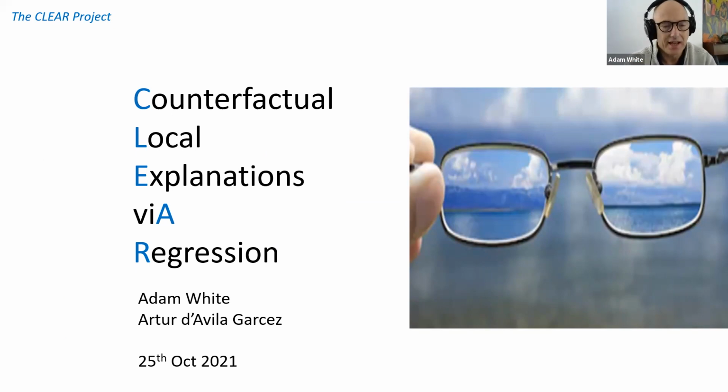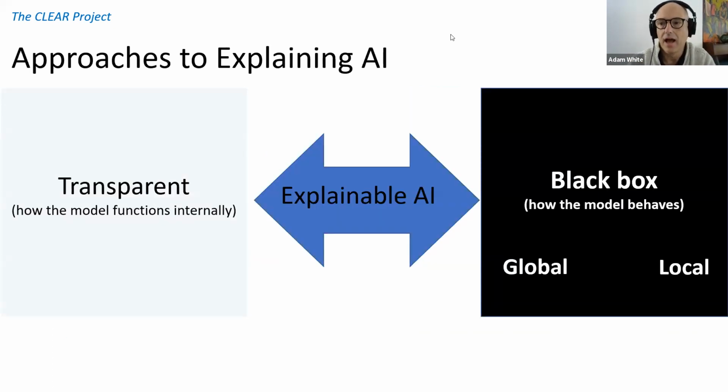Okay, so as Artur was saying, I'm going to talk about the explainable AI method called CLEAR that explains single predictions of AI systems. Okay, and as Artur noted, there are two main approaches to explainable AI. The first is to create inherently interpretable and transparent AI systems. The second is to treat AI systems as black boxes and to then explain their input-output behavior.